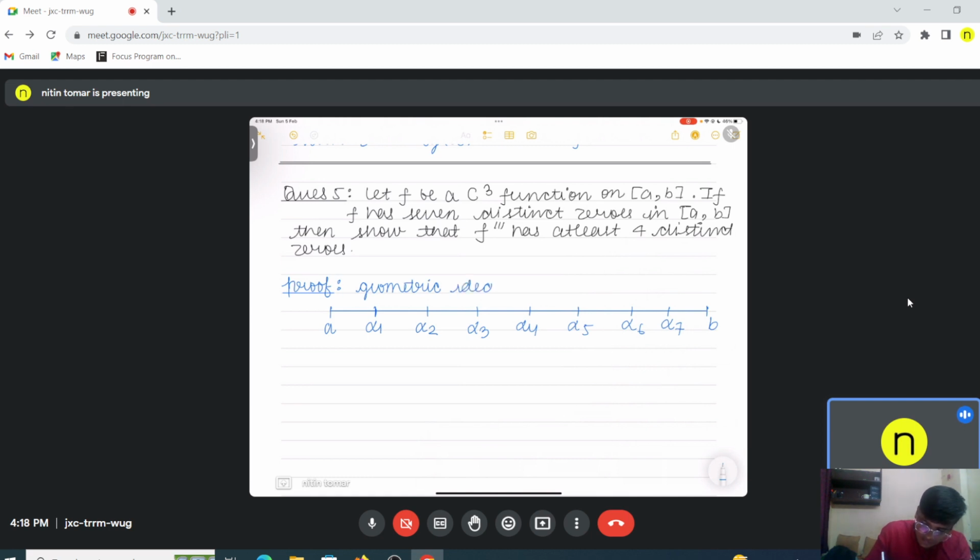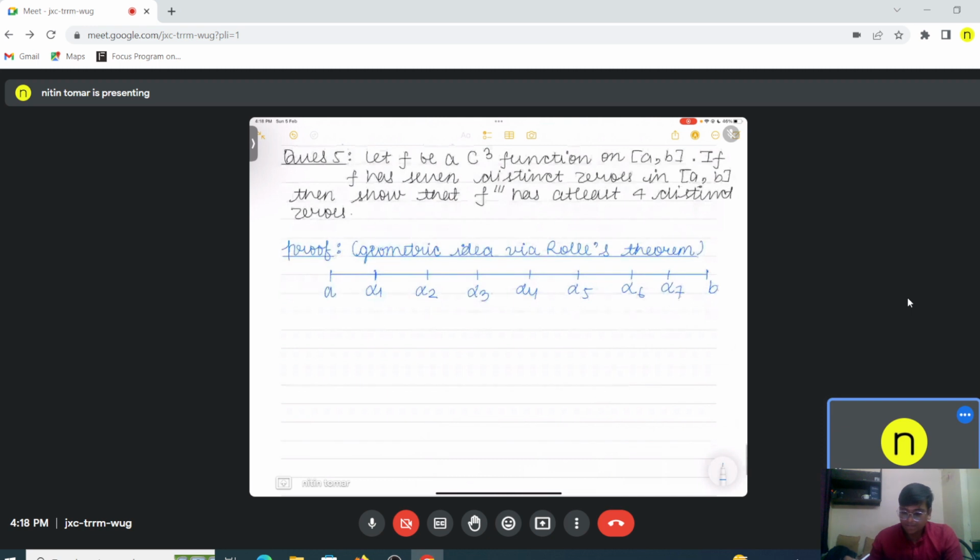It must be very clear which theorem you will have to use: Rolle's theorem, because Rolle's theorem gives you the existence of a zero of a derivative. So f has 7 zeros here.